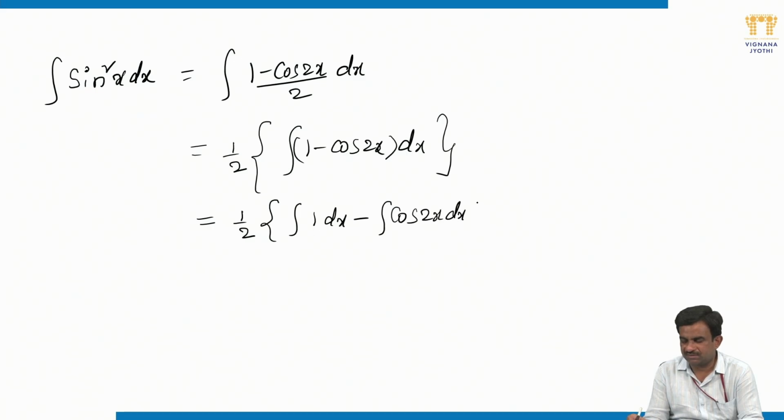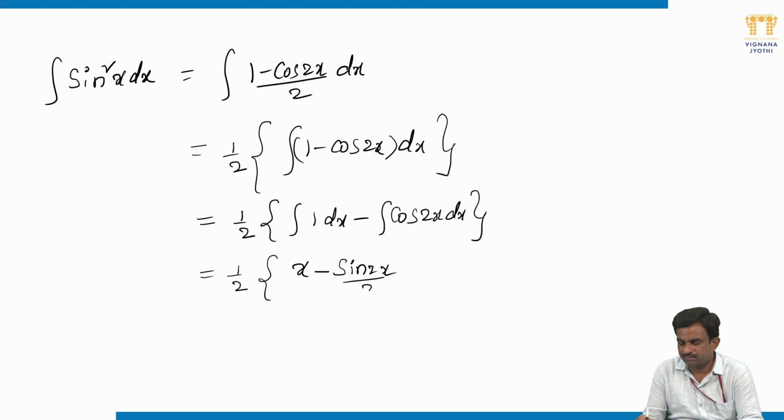Like this you can write two separate integrals. So that is equal to 1 by 2 into, as we know the integration of 1 dx is x, and minus, we also know that the integration of cos 2x is sin 2x divided by 2.